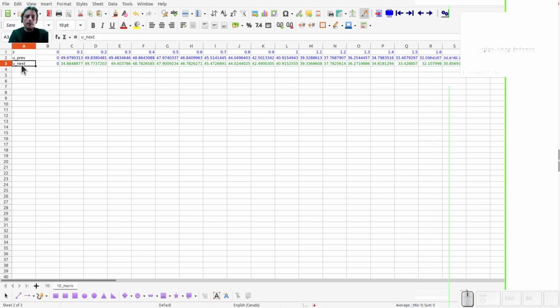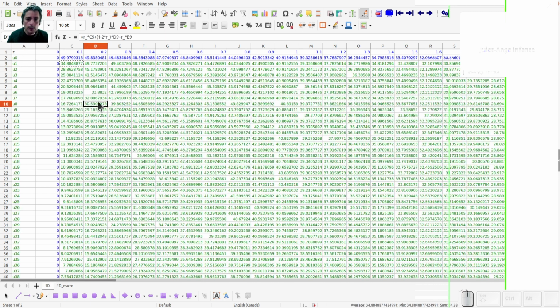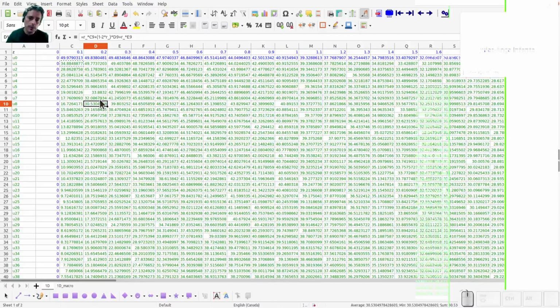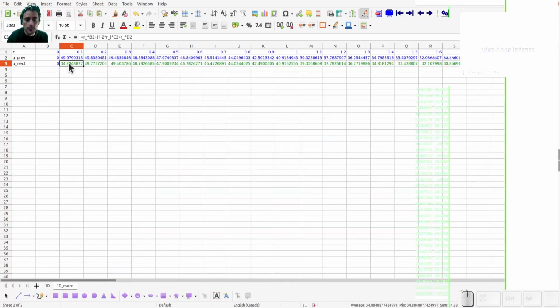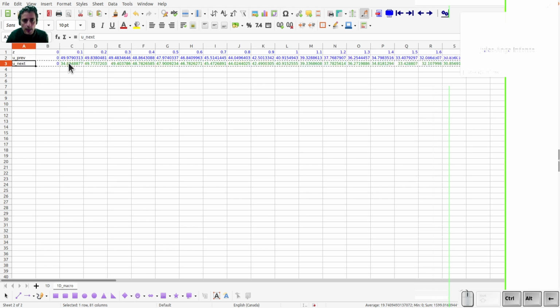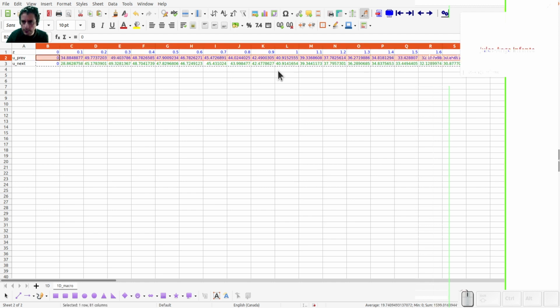So I was saying that it's also possible, instead of generating all these tables, which works nicely in 1D but becomes cumbersome when you have more and more nodes, we could, in theory, copy this, paste special, and just paste the values in the previous location.